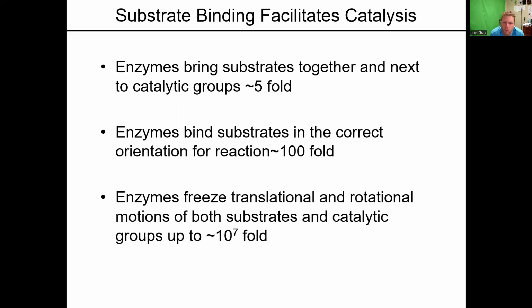Now, when an enzyme freezes translational and rotational motions of both substrates and catalytic groups, your rate is going to increase up to 10 to the 7th fold. Okay, so now this is like you playing matchmaker, but you have said, okay, you're meeting at Costco. You're meeting at the food court at Costco.